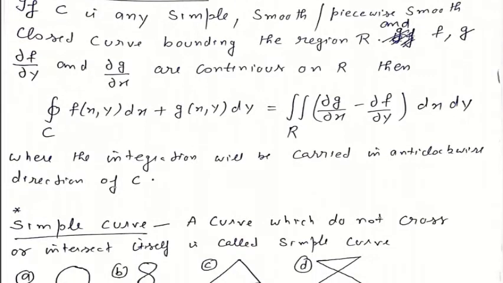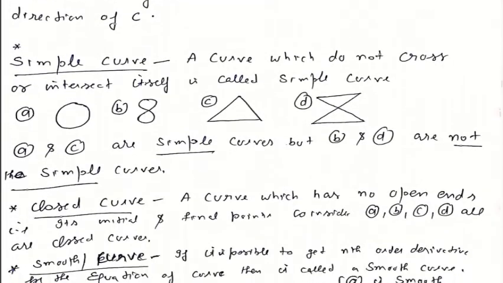Now what is the meaning of this simple, smooth, piecewise smooth closed curves? Simple curve means which does not cross or intersect itself. Like this curve is not intersecting itself, so it's a simple curve. It is intersecting itself here at this point, so it is not a simple curve.